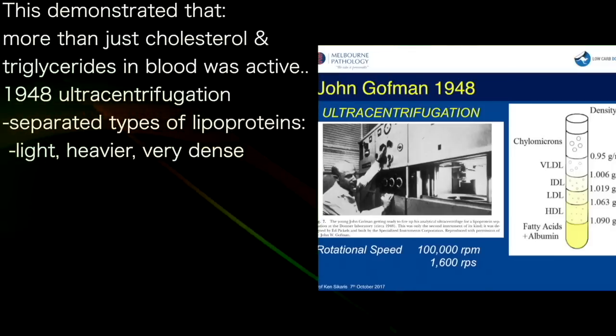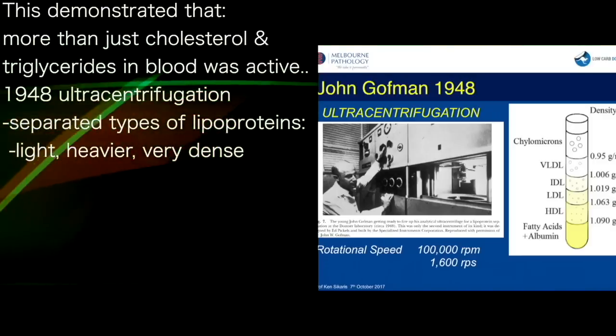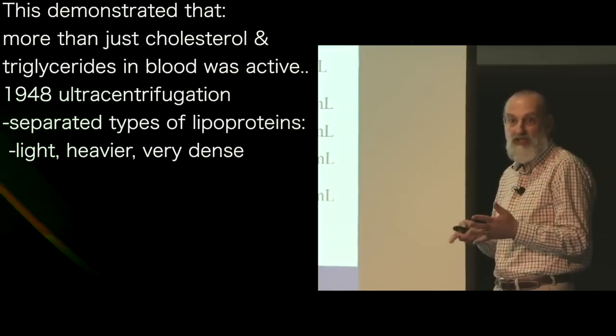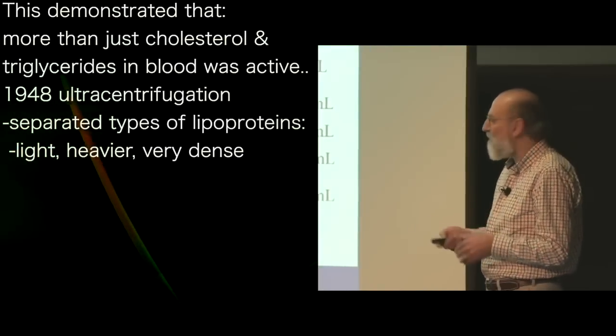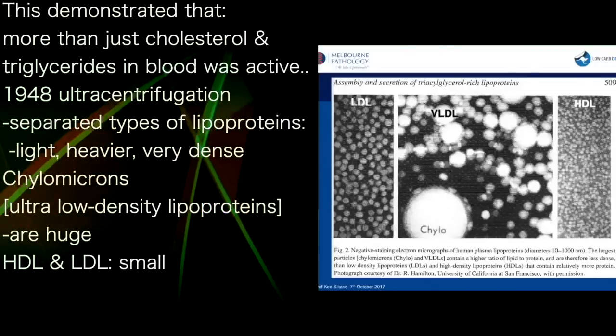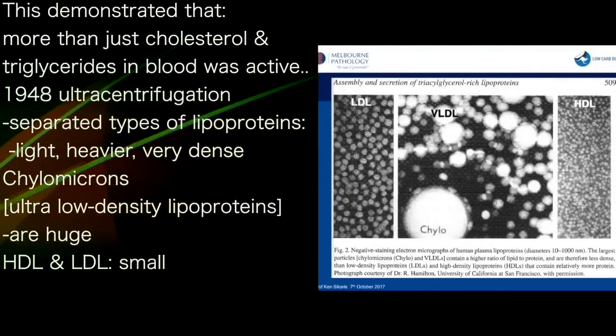And they found that some particles were very light or very low density lipoproteins, and some were very heavy density lipoproteins. So suddenly we had more than just cholesterol and triglyceride. We had these different lipoproteins, but we didn't really understand what they were. We understood that chylomicrons were huge and that HDL and LDL were small.